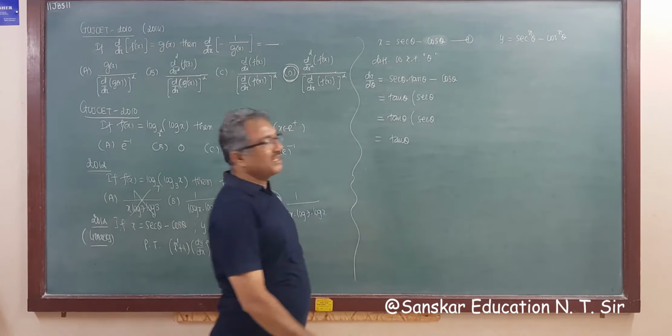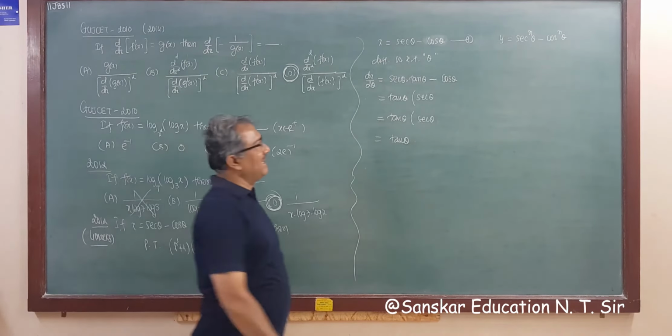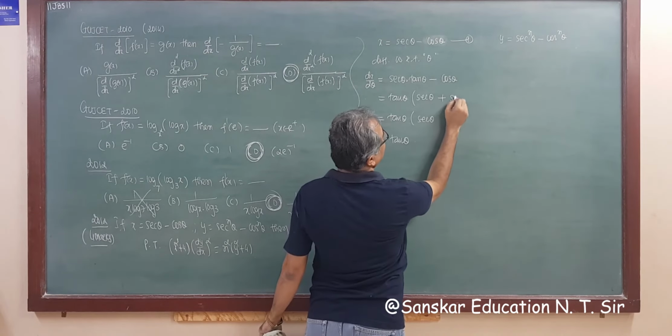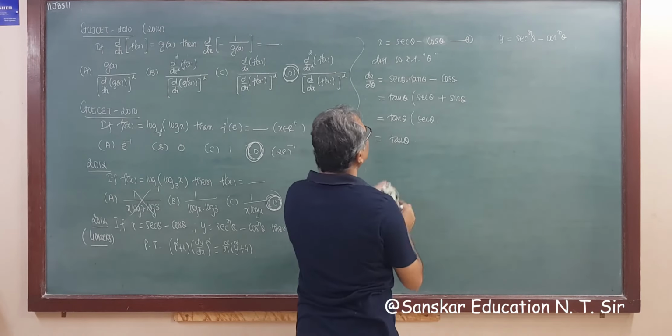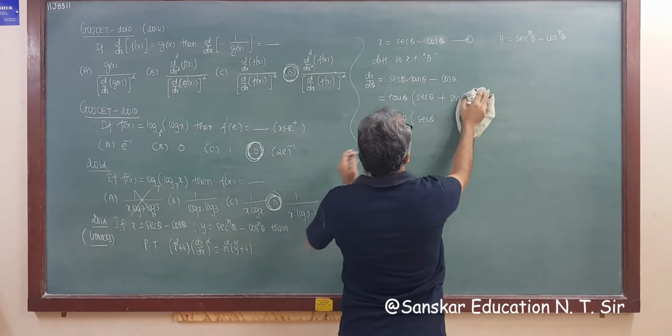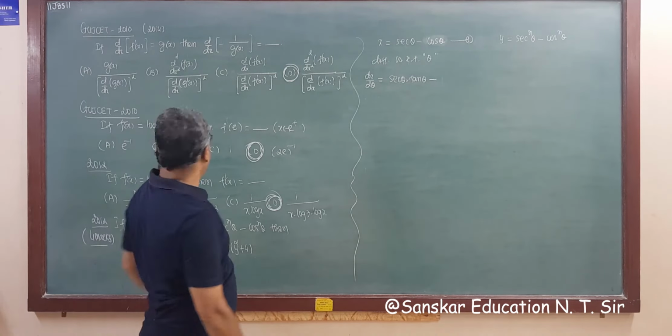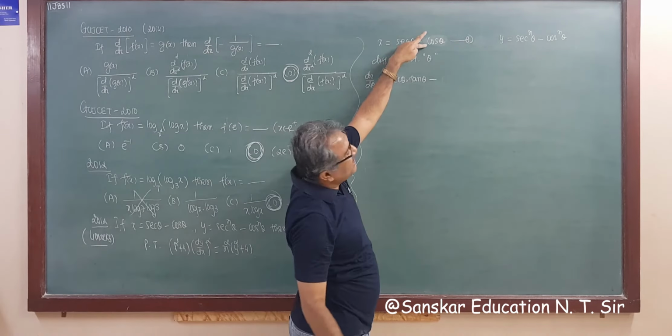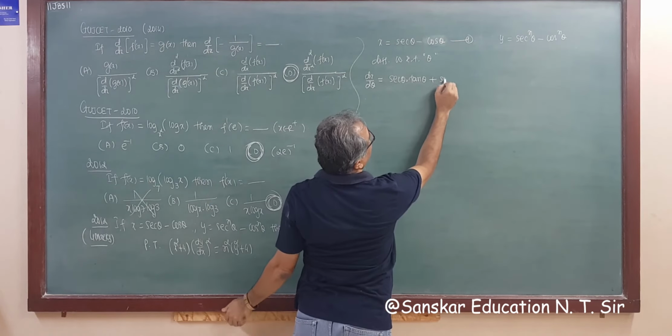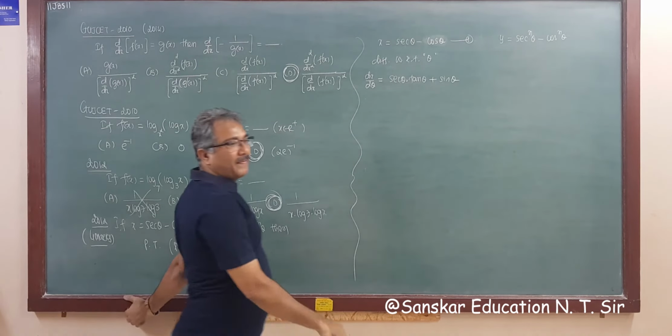So the derivative of cos theta is minus sin theta. So minus minus becomes plus sin theta. Sorry, here we have to write the derivative. So I am taking the derivative of everything. Now sec theta minus cos theta, right? The derivative of cos theta is minus sin theta. So minus minus sin theta becomes plus sin theta, right?